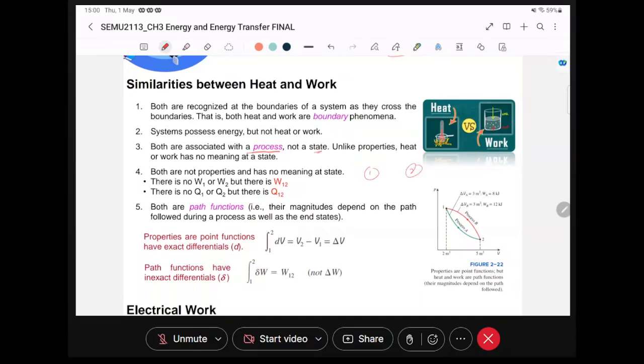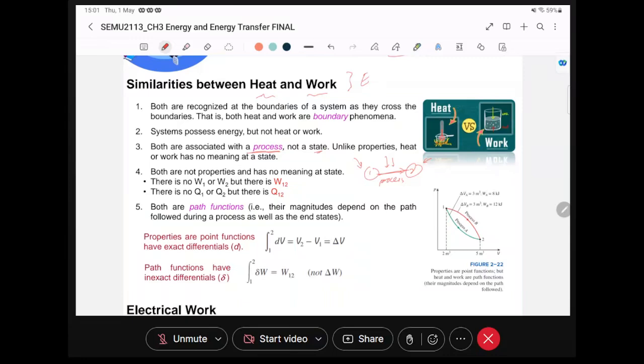From state 1 to state 2, in between is what we call the process. Heat and work, collectively we call it energy, part of the total energy. Sorry, not U. U is internal energy. It's really associated with the process itself, not to each of the states.